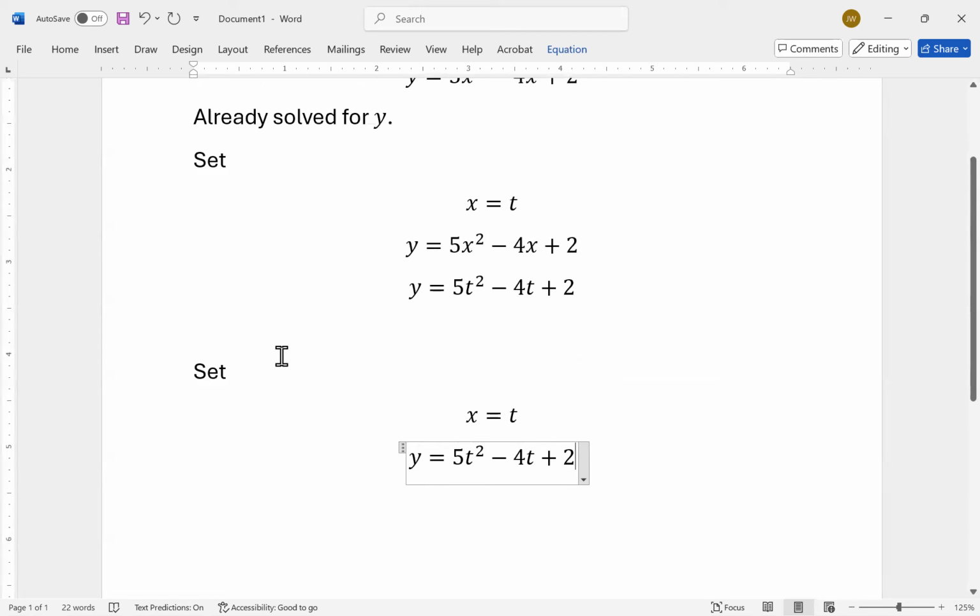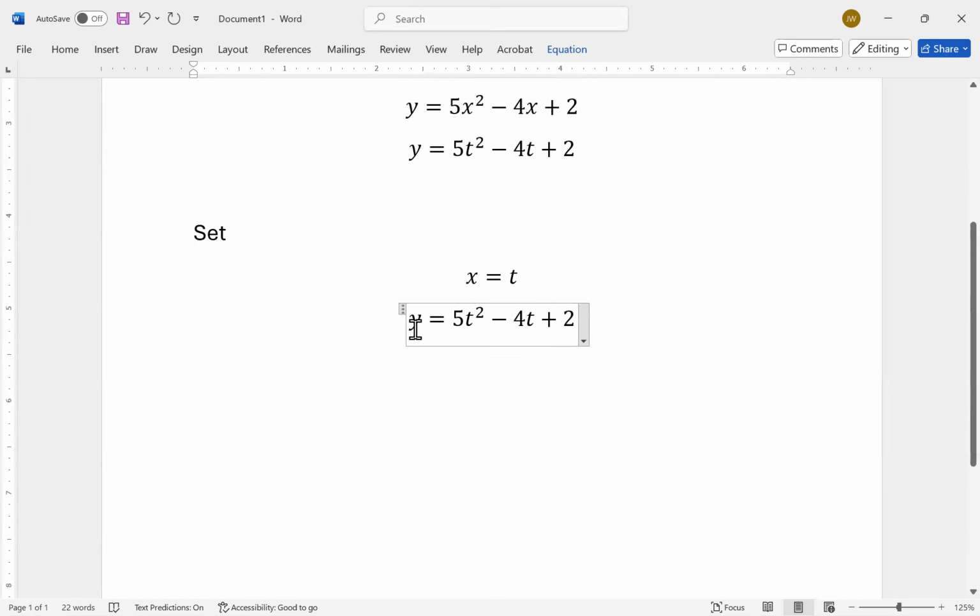Now, obviously, if you chose x equals some other, more complicated expression, then that would be fine as well. We just have to use the more complicated expression.